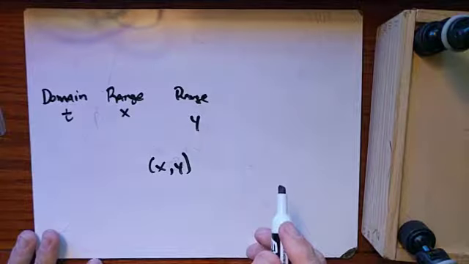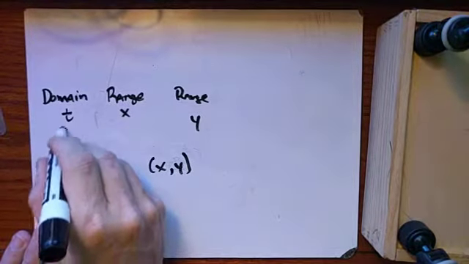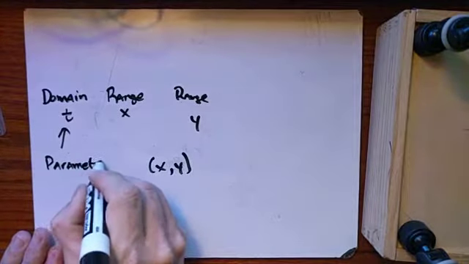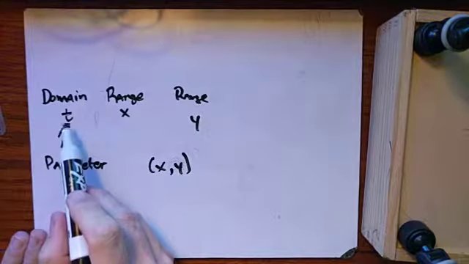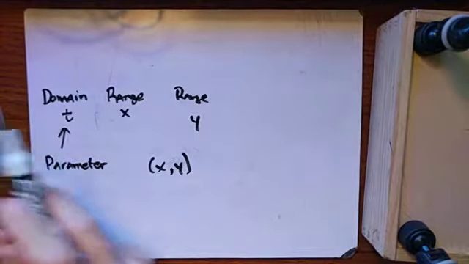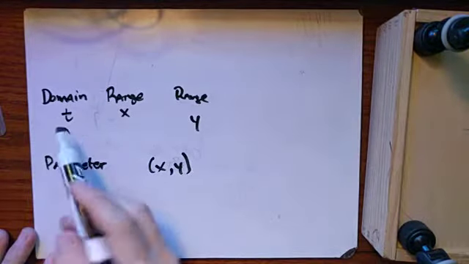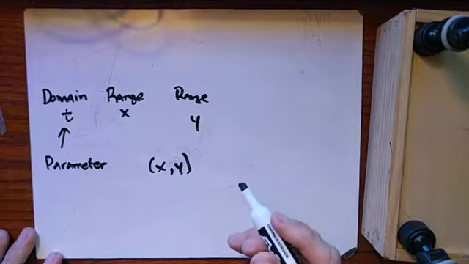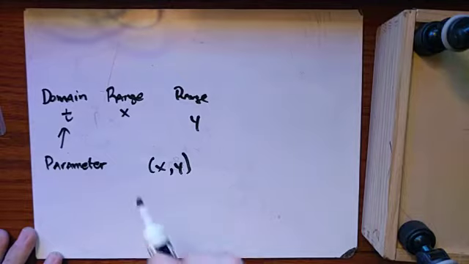And t is called a parameter. Oftentimes t is time, a variable that represents time. But it can also be an angle or slope or that kind of thing, right? Just some other outside influence.